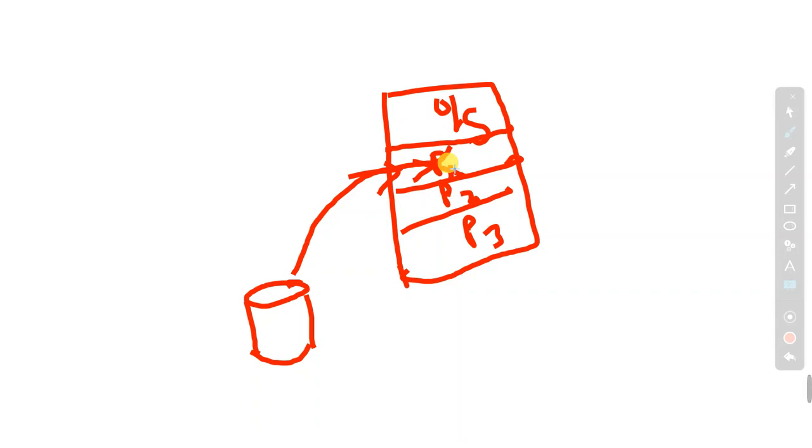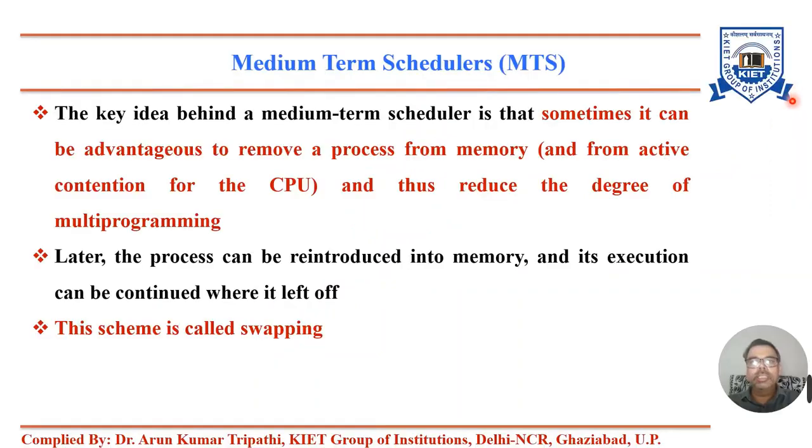At present, although 3 programs will remain, it will swap out one program so that another program can be brought into the main memory from the secondary memory. So this is the process by which the medium-term scheduler controls the degree of multiprogramming, or reduces it, by transferring a process from primary memory to the secondary memory.